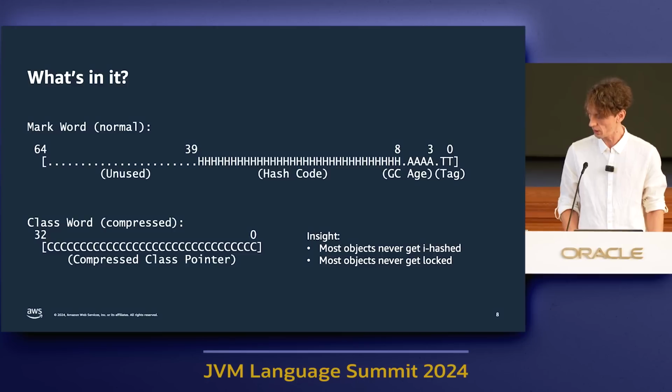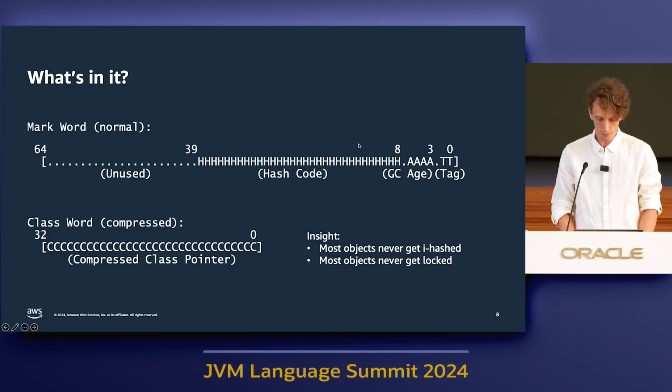This is historical: the first unused bit used to be the biased locking bit. Then we have 31 bits that hold the identity hash code of objects. And then we have a bunch of unused bits at the top. In the next 4 bytes, we store the compressed class pointer. This is taking up 32 bits currently.